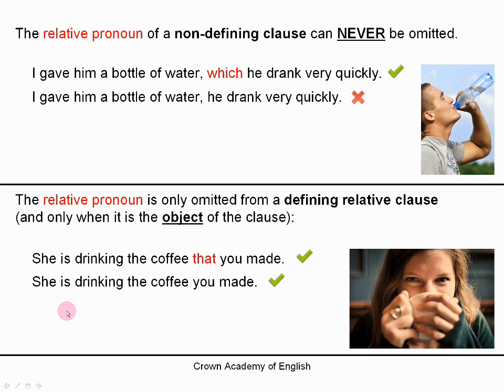That is correct. And here we have omitted the relative pronoun that. She is drinking the coffee you made. And that is correct when we are using a defining relative clause. And again, this is in a separate video, and I'll give you the link to the video in a couple of minutes.